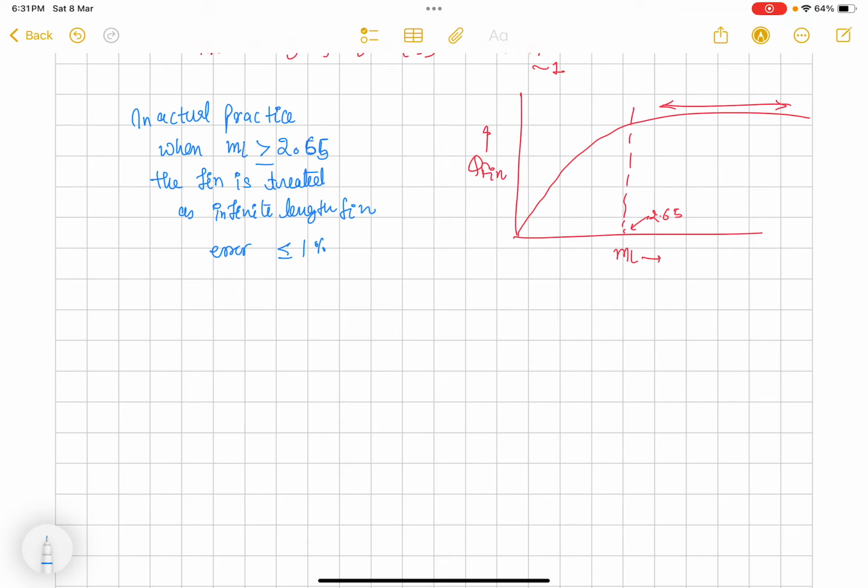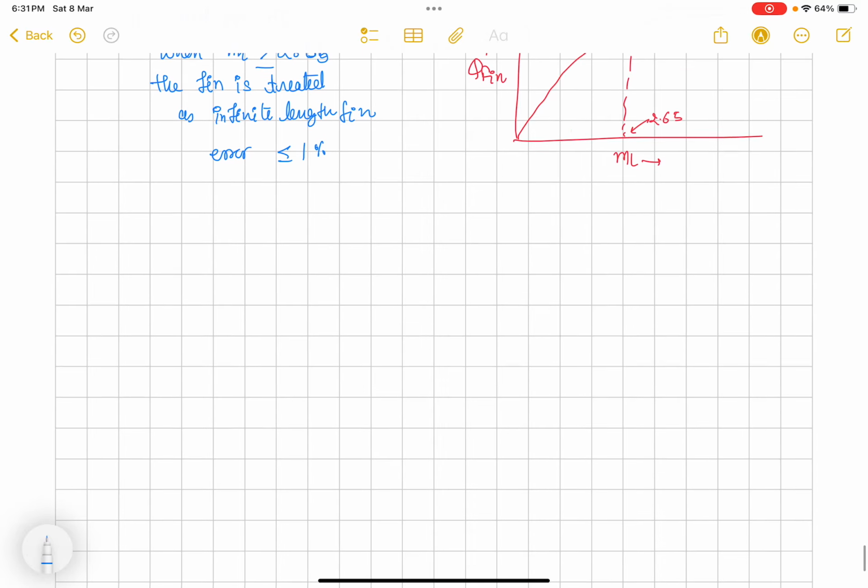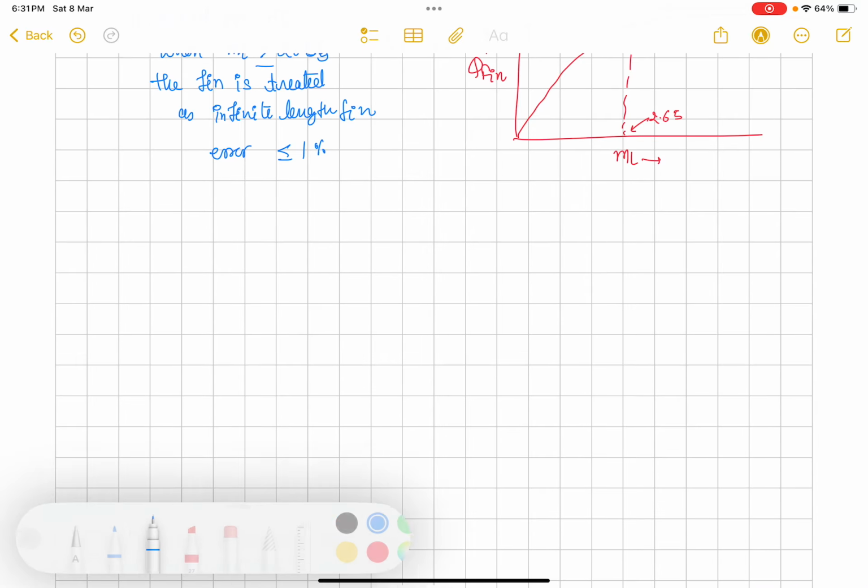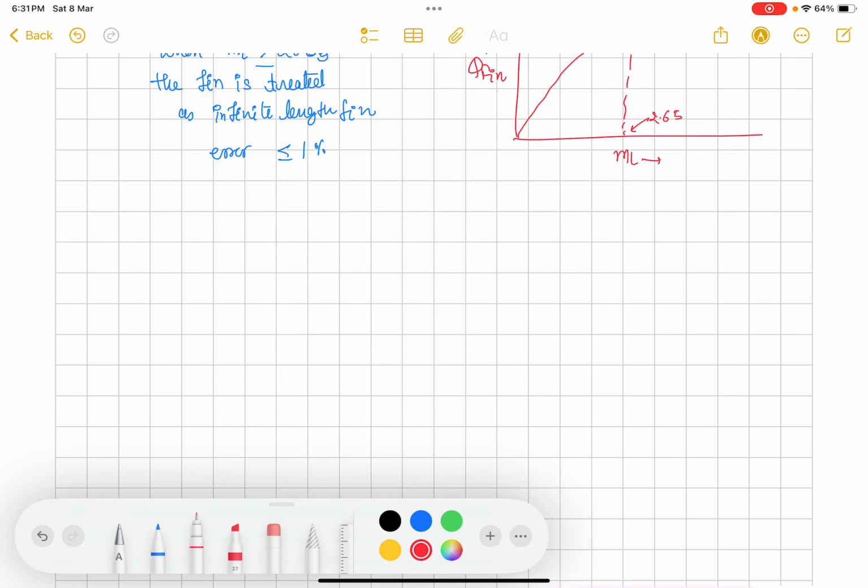So one more case in this finite length fin is that if we relax the assumption of the adiabatic tip, that is, if we consider the heat transfer from the tip also.